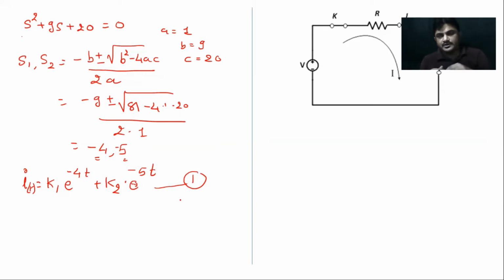Now we are shifting to our initial conditions. Why are we required to calculate our initial conditions? Because we want to calculate the values of these two constants k1 and k2. In our first order differential equation, we had to deal with only one constant k, so we considered one initial condition only.